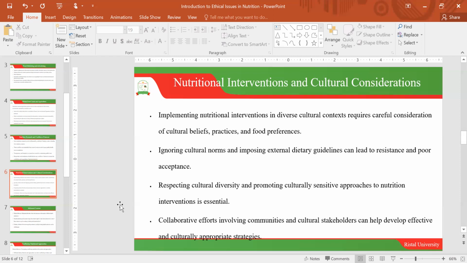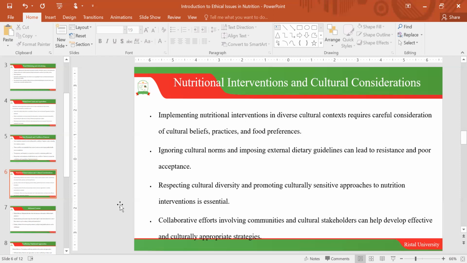Cultural competence is related to the fact that you should be respectful of people's cultures, regardless of whether they conflict with the cultures that you have. So you should respect people's cultures. You should also be culturally sensitive.